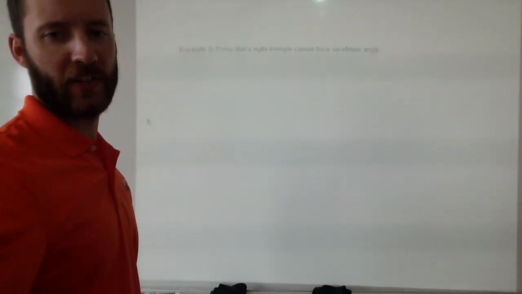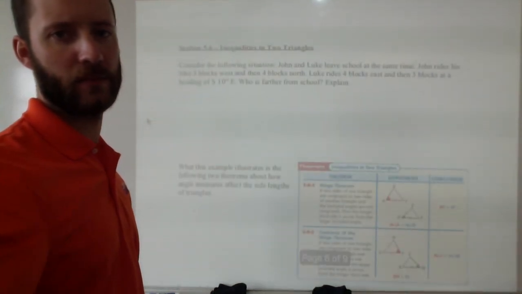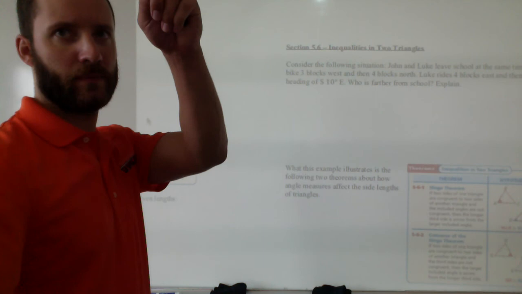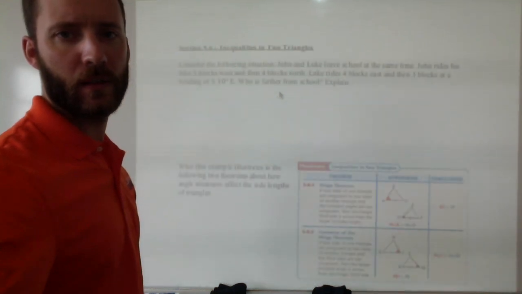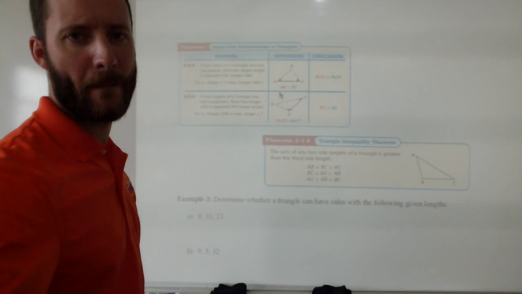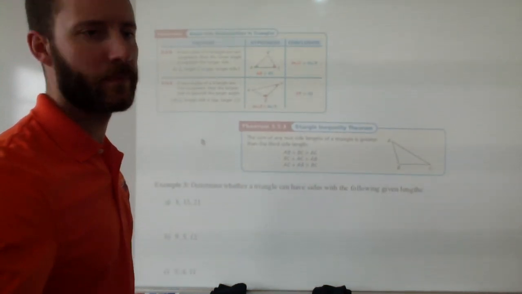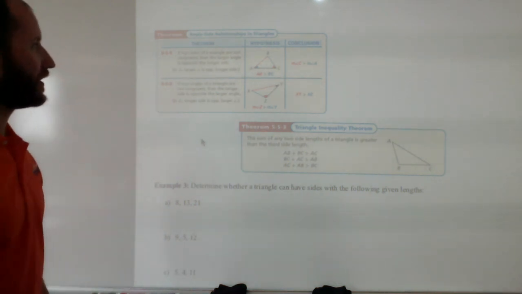The other part of this section, well, I got to remember how to get to the page. So the other part of this section, where is it? Aha, there it is. So angle-side relationships in triangles.